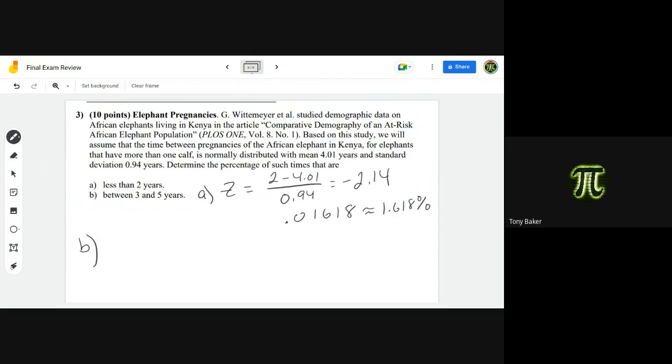All right, now it says between 3 and 5 years. So again, we have to do the exact same thing. We're going to look for the Z-score for the 3 and the Z-score for the 5. So 3 was negative 1.07.